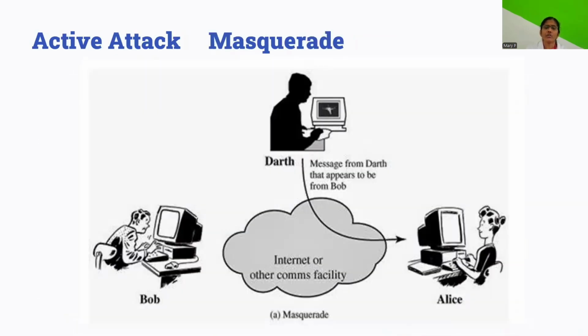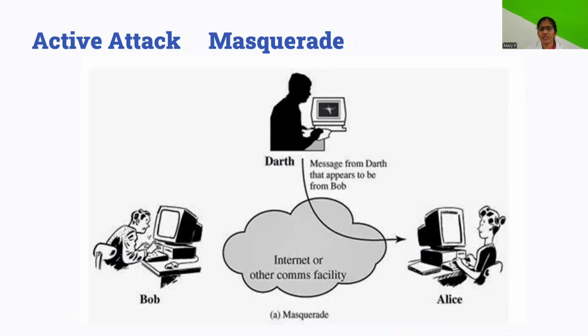In an active attack, the opponent's aim is either to modify the message or to act as a sender. Likewise, they do the process.